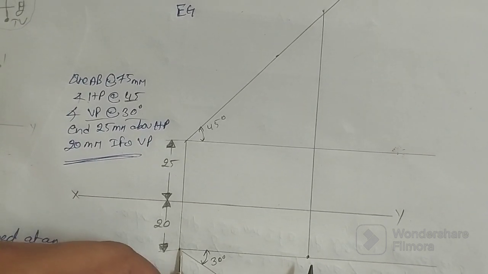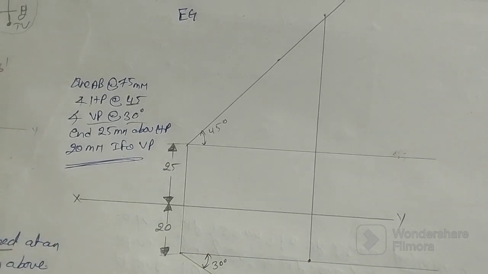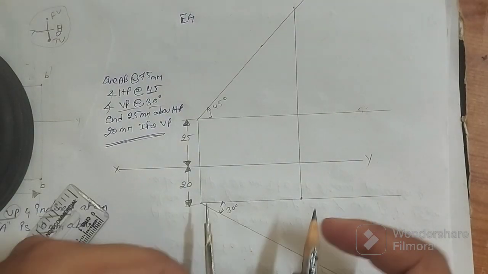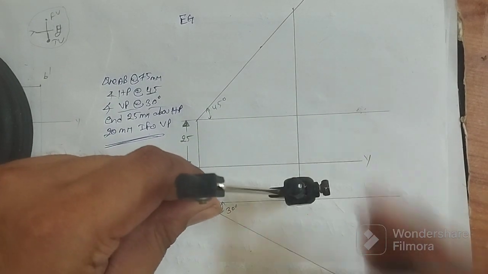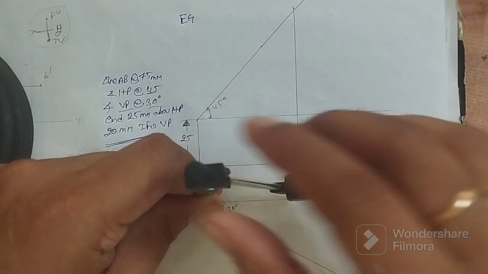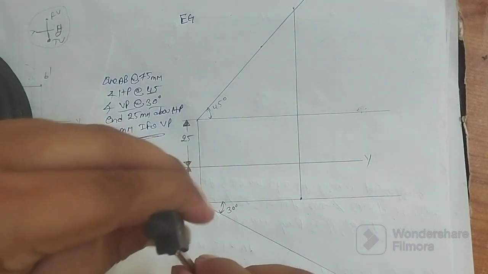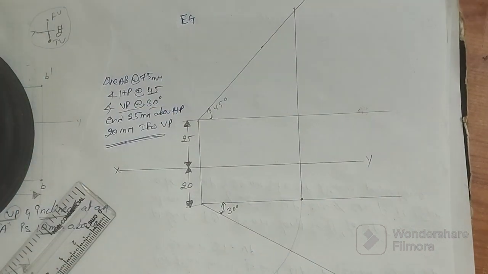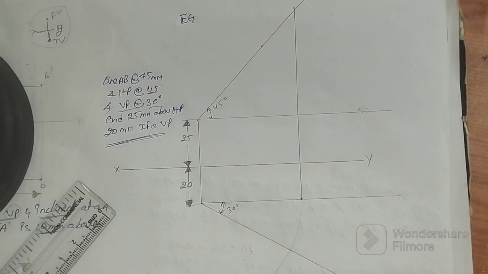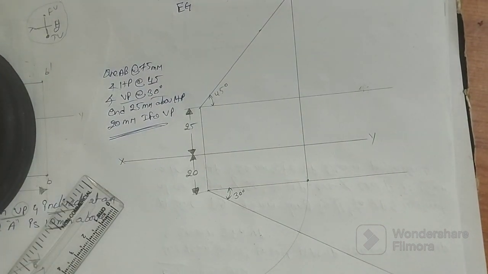Now the next step is to measure the distance between these two lines, and from this point draw an arc. I'm drawing an arc. Now we got a point.